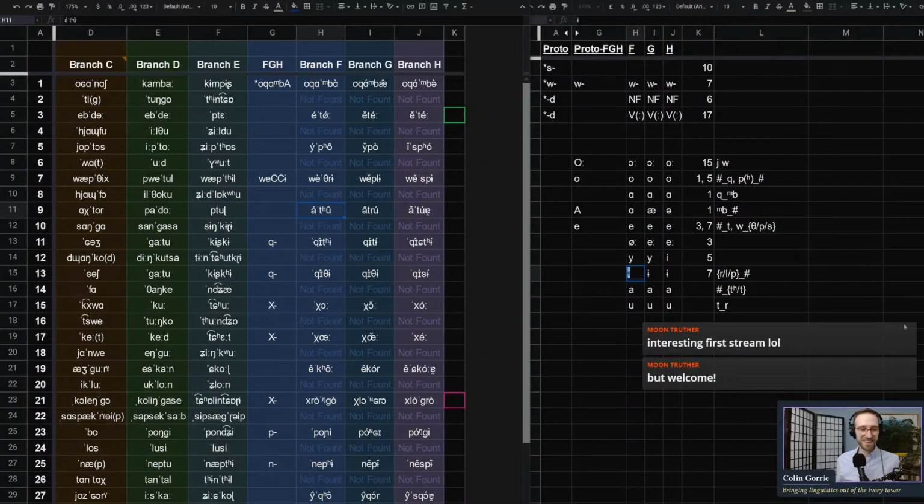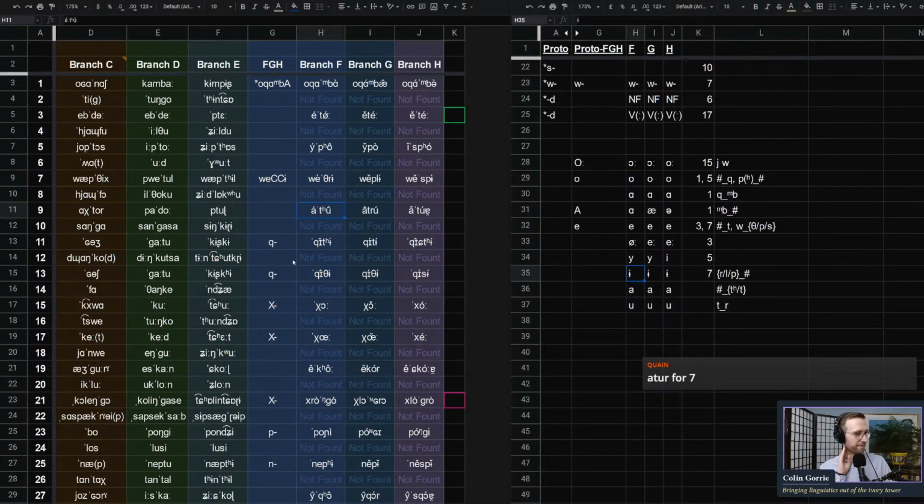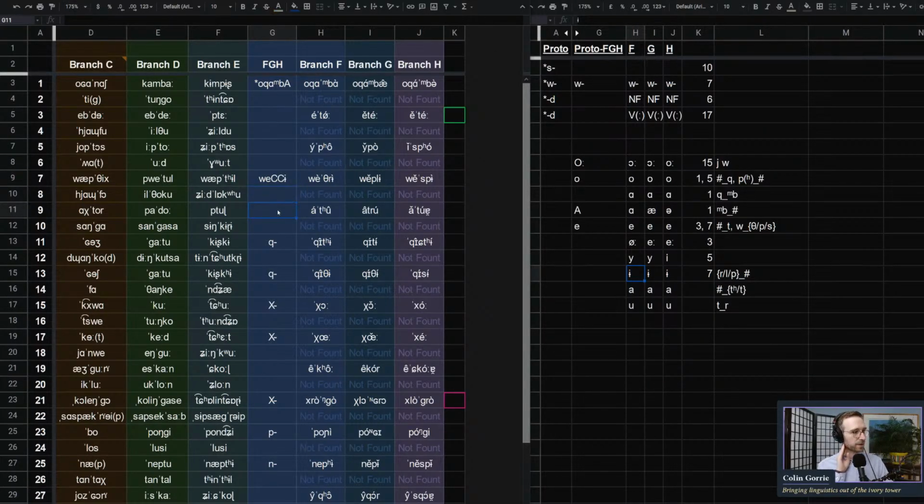Welcome, welcome, welcome. Very happy to have you. Is it Lula sings, or is that a different pronunciation of the double L? We have WE something something, and then the high central vowel. I think what we have for 9, Quain is right. I think we have something like atur.